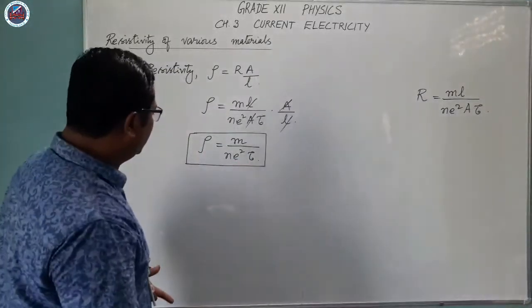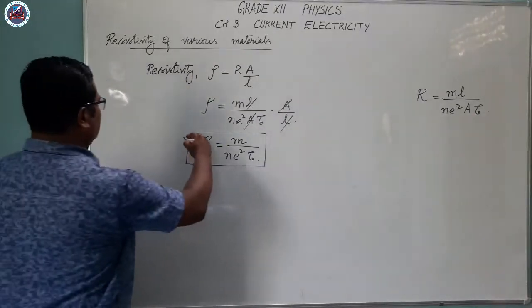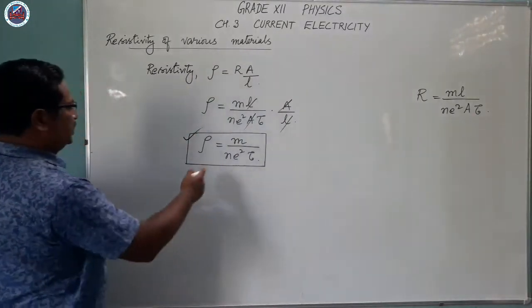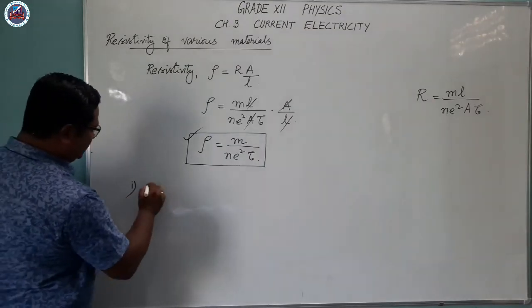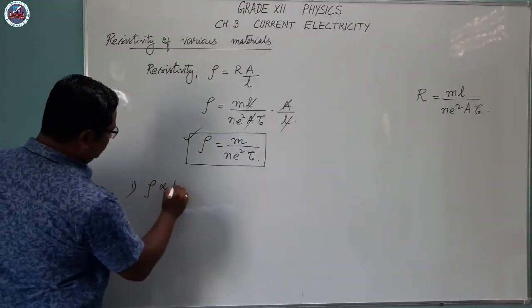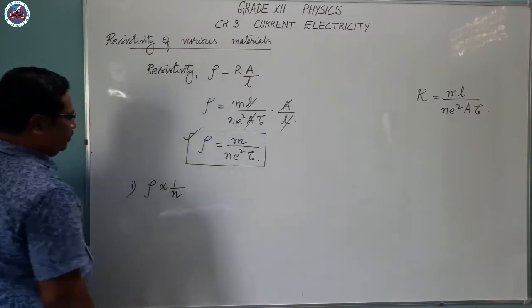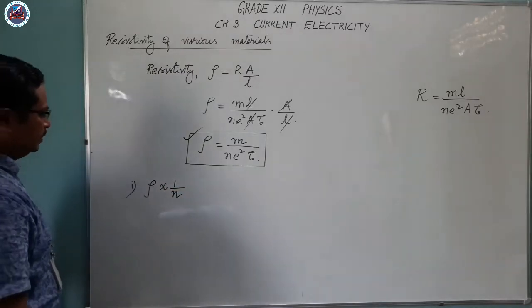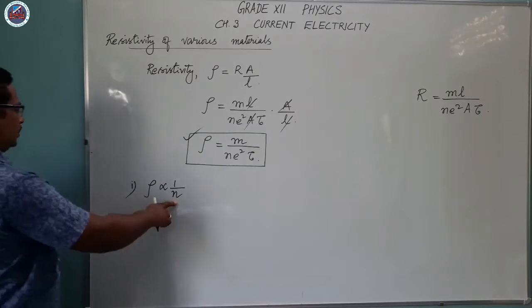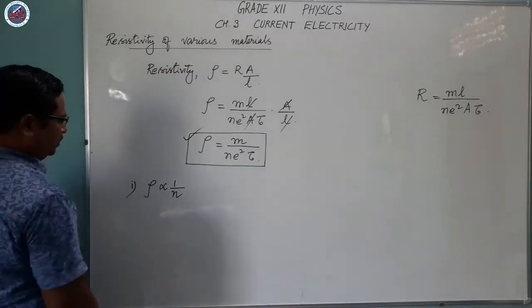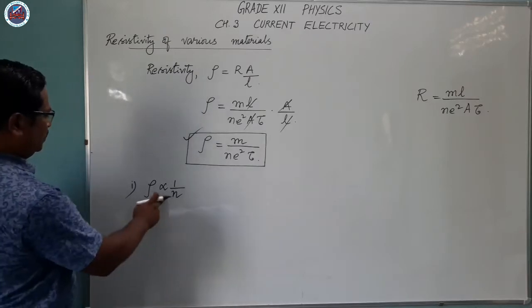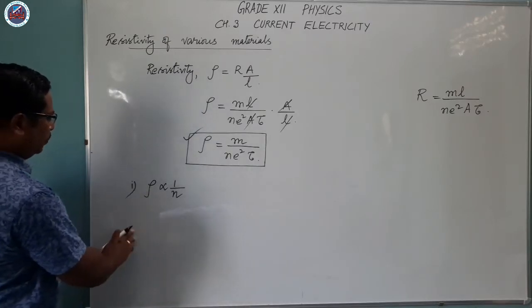From here we get the expression of resistivity according to our classical theory, as well as we come to know two things. Resistivity is inversely proportional to the number density of free electrons. If the number density of free electrons is more, resistivity will be less. And if the number density of free electrons is less, then the resistivity will be more.